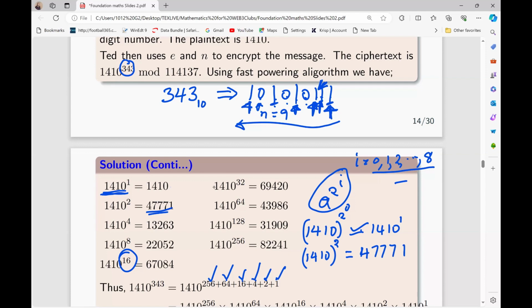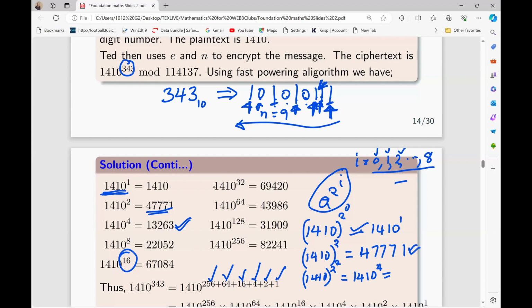And then the next one, when I is 2, it'll be 1410 raised to 2, then raised to 2. 2 raised to 2 is 4. So this is the same as 1410 raised to 4, which is the same as squaring this, because this one is squared. So when you raise to 4, that is what I have here.